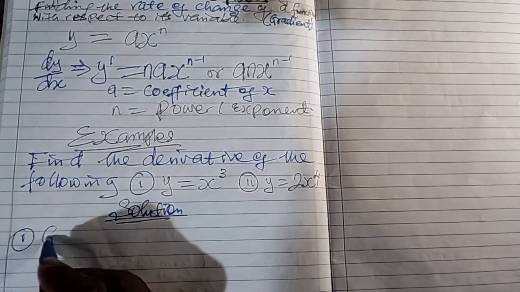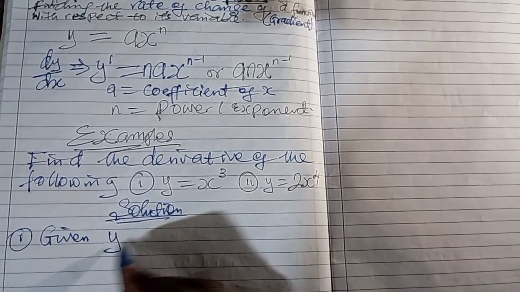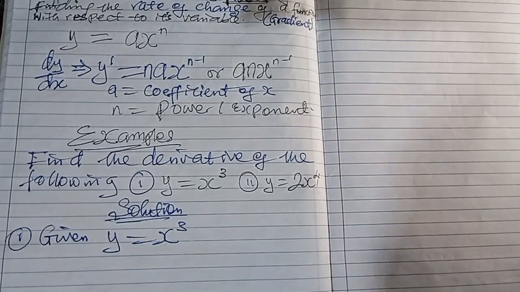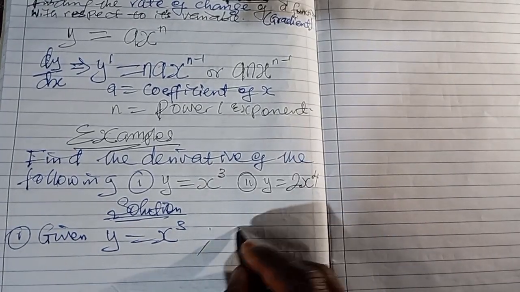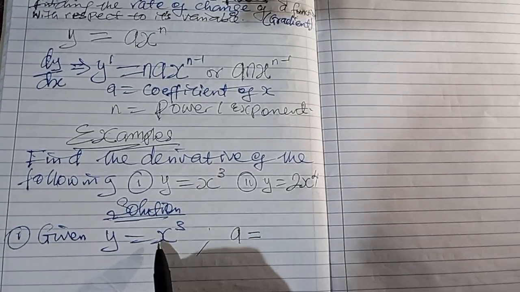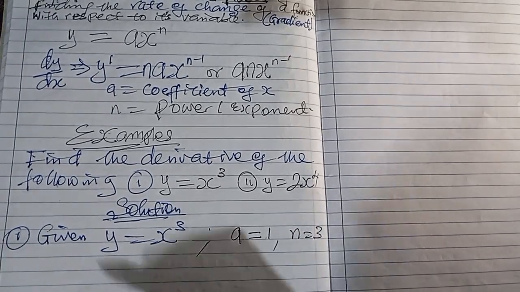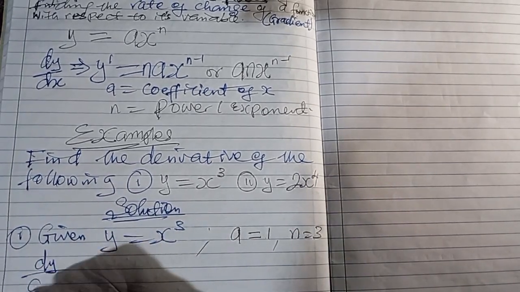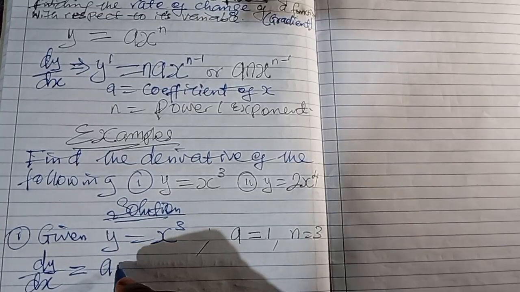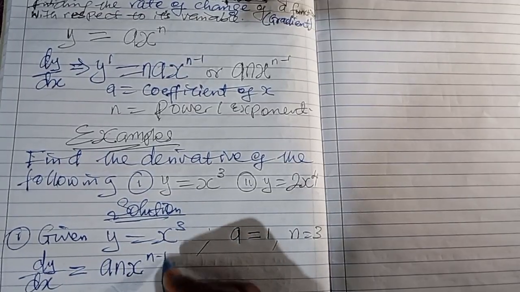Number 1, given y equals x raised to power 3. So here you notice that a, which is the coefficient of x, is 1. n is 3. So dy dx is equal to a n x raised to power n minus 1.